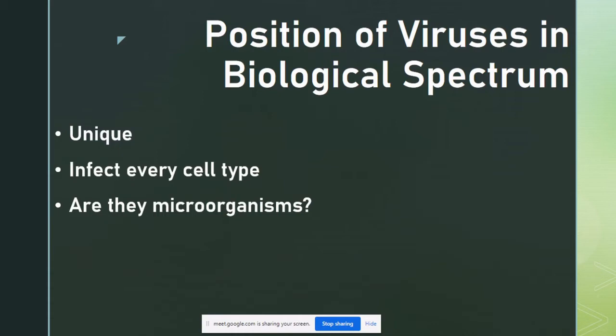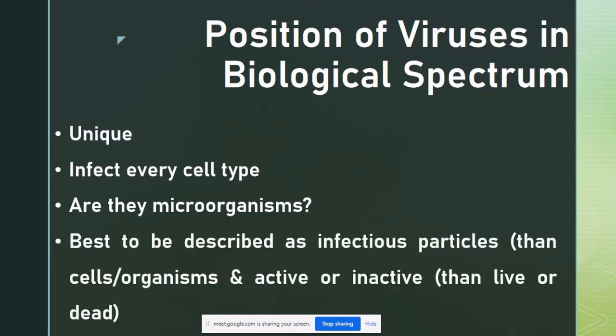So there was a lot of debate on this issue, whether to include them in microbiology or not. And people finally decided that yes, it is very difficult to define it that way, but we can definitely call them an infectious particle, if not a cell or organism. Okay, so we will call viruses infectious particles, and we won't call them a cell or an organism.